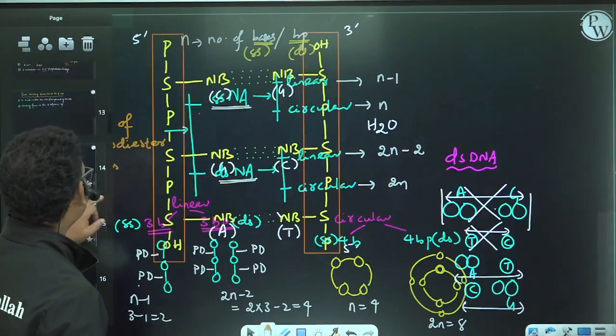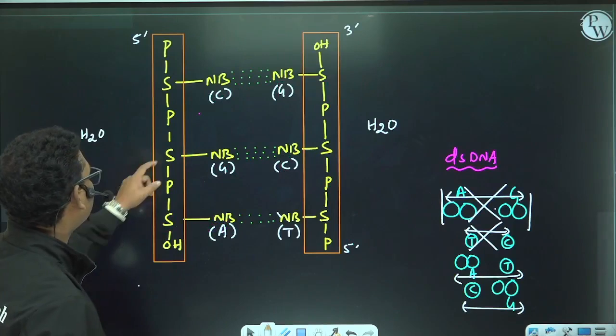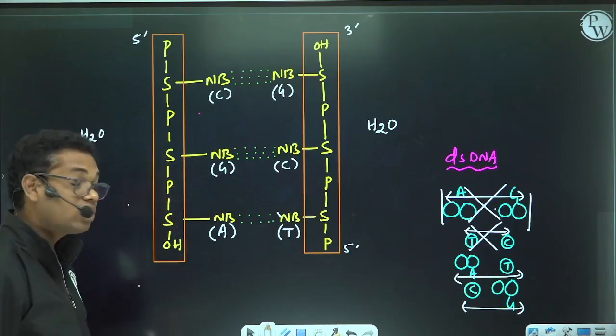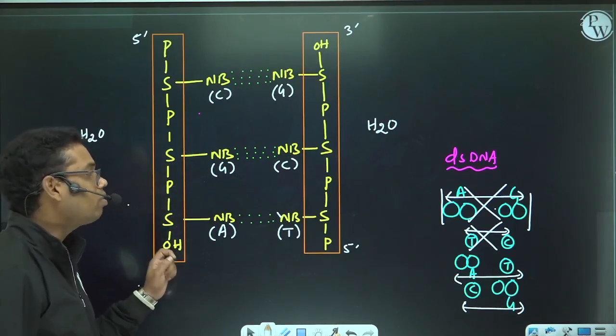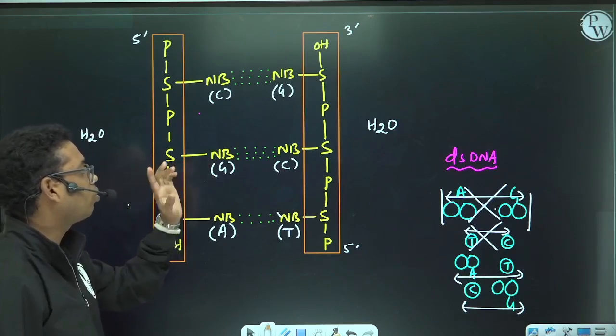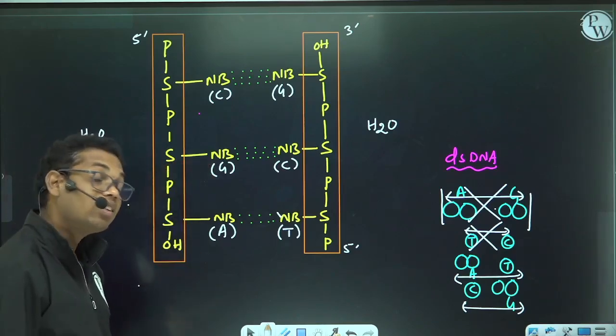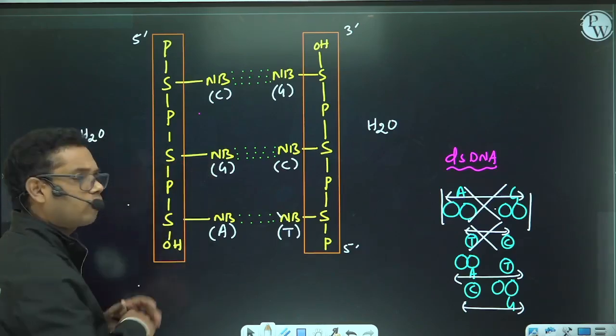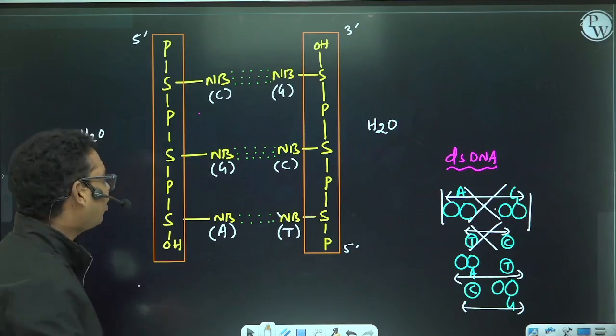And remember one thing: the nitrogenous base is always attached to the sugar, and that is why in a double-stranded DNA, the number of sugars will be equal to the number of nitrogenous bases, and the number of phosphates will also be the same.